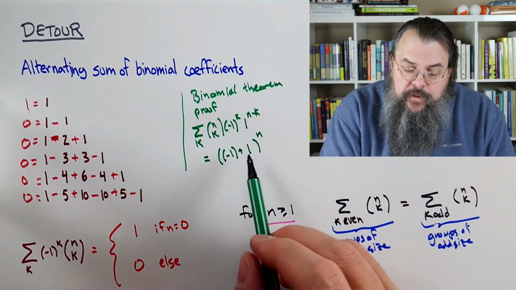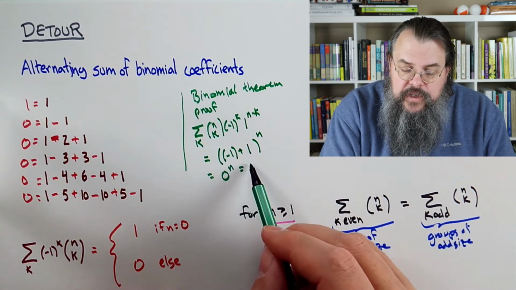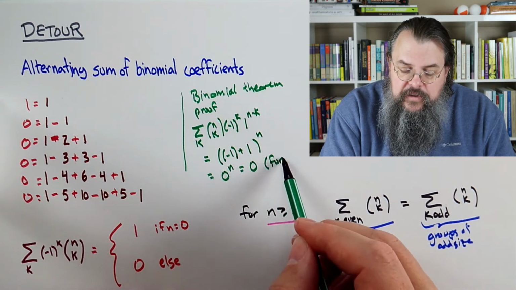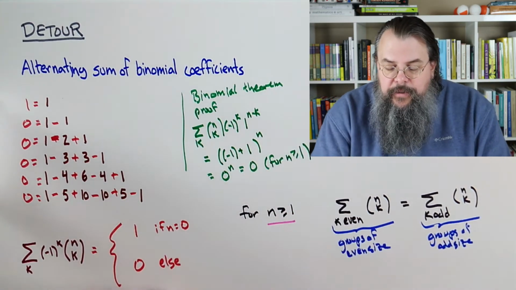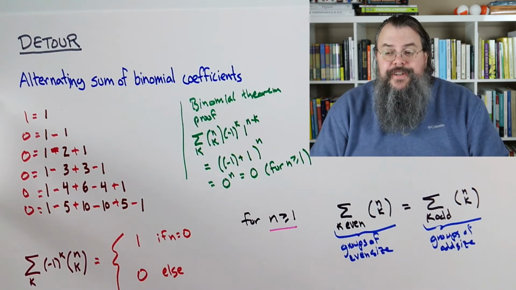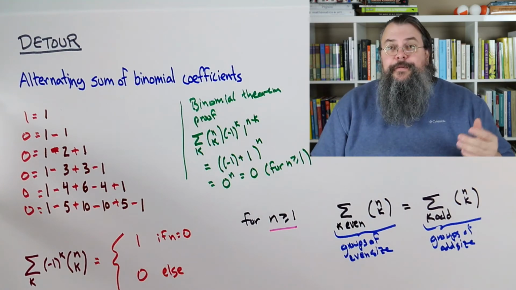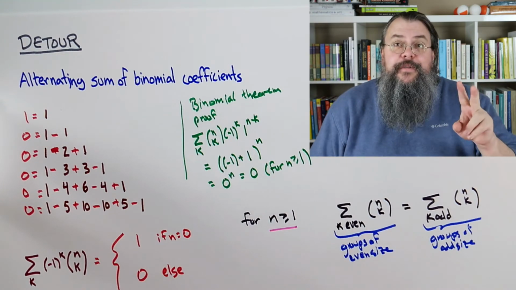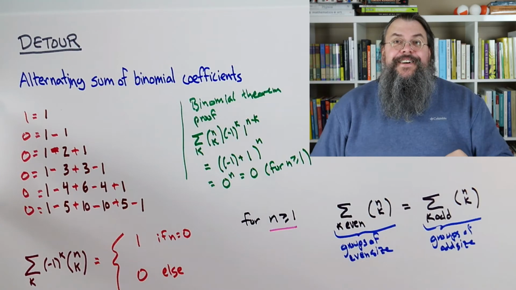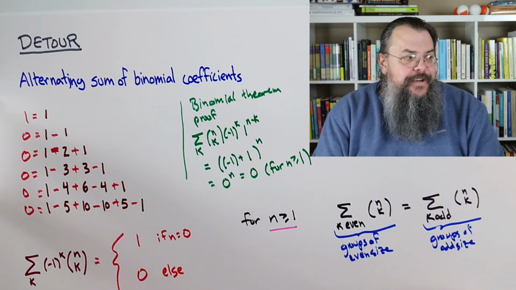And it turns out minus 1 plus 1 is 0 to the nth power, which is 0 as long as n is at least 1. Now, what is 0 to the 0? Well, you just have to pick a convention. But for now, that's another way to see it. Now we have two proofs. It must be twice as true. Very true. Highly true. Okay, good.